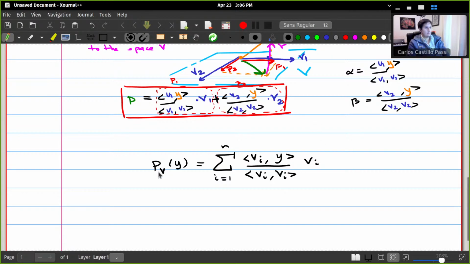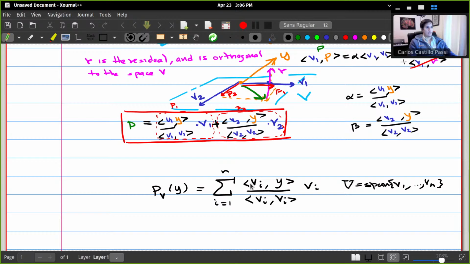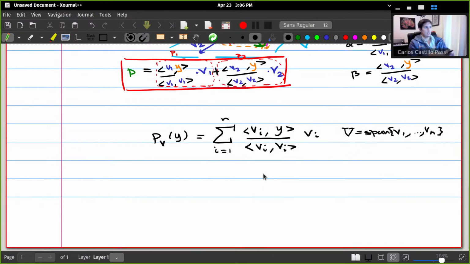So here our vector space V equals the span of v1 until vn. And what I wanted to show by doing this is that this residual here is actually, after doing this projection, the minimum residual possible. Why?